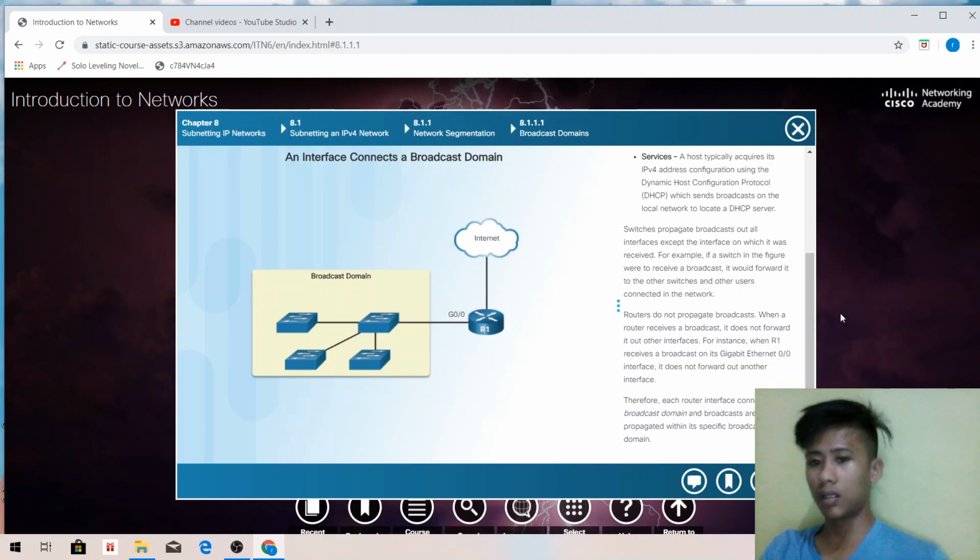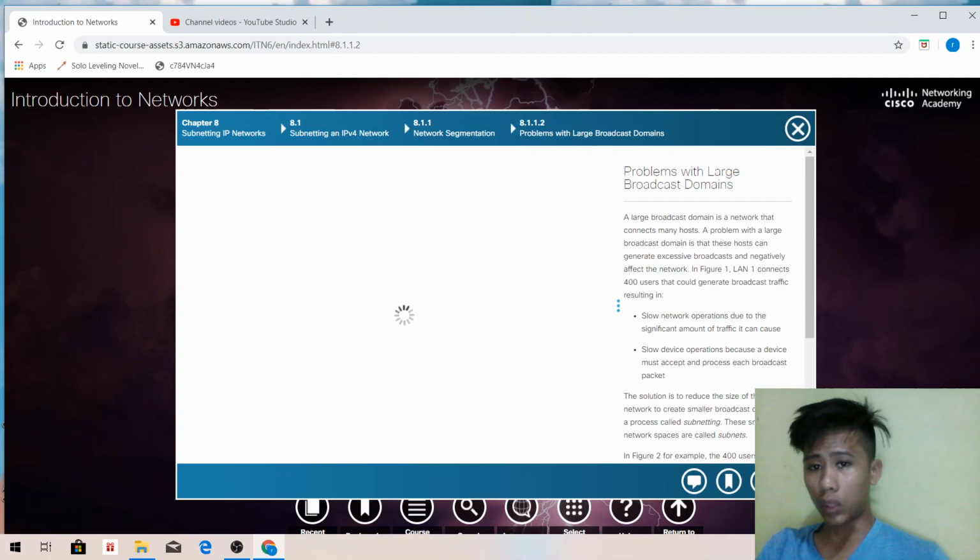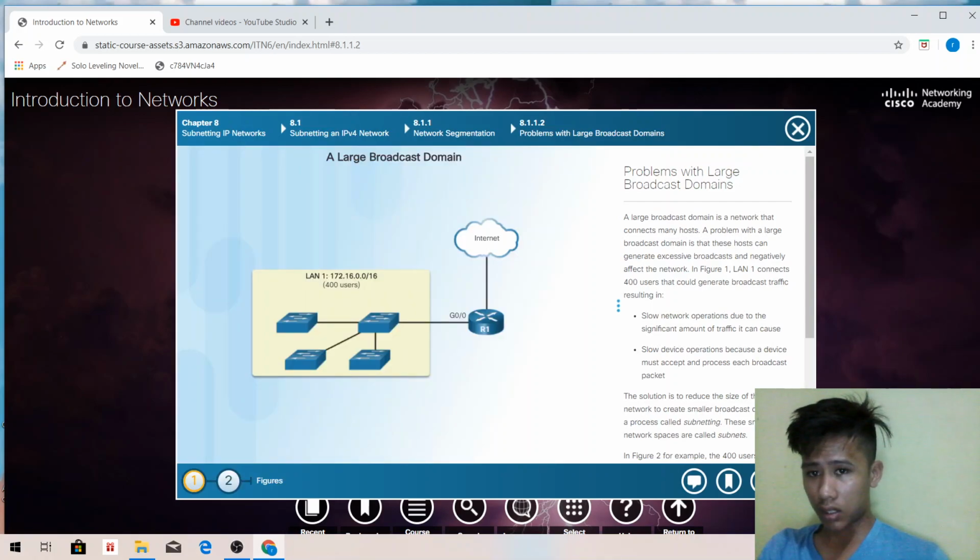For example, if a switch in the figure were to receive a broadcast, it would forward it to the other switches and other users connected to the network. The other one is the problems with large broadcast domains. A large broadcast domain is a network that connects many hosts. A problem with a large broadcast domain is that these hosts can generate excessive broadcasts and negatively affect the network.